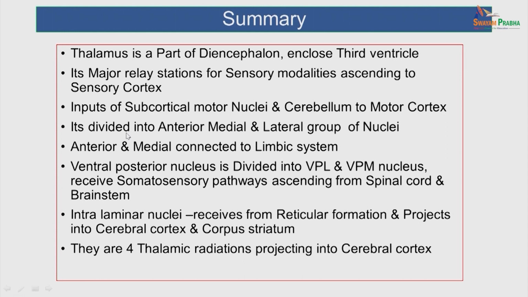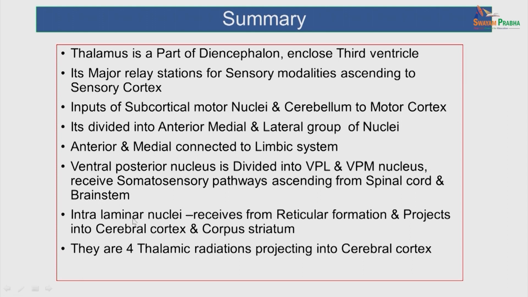It is divided into anterior, medial and lateral group nuclei. The anterior and medial group nuclei become a part of the limbic system. The ventral group is divided into the VPL and VPM nuclei because it receives the specific somatosensory pathways from the spinal cord and brainstem.